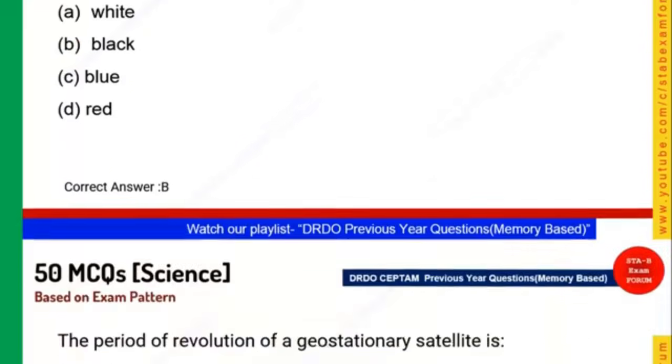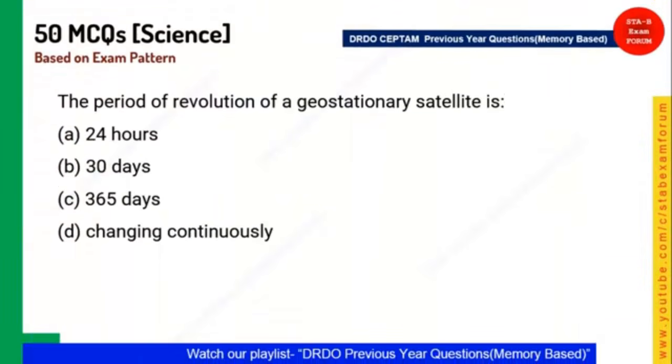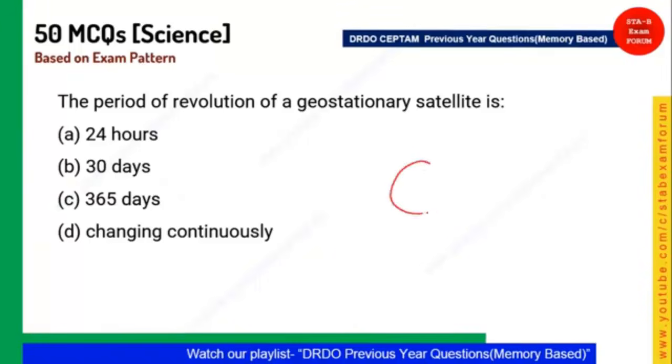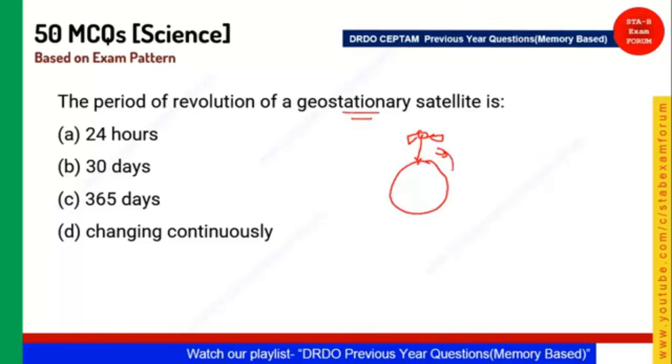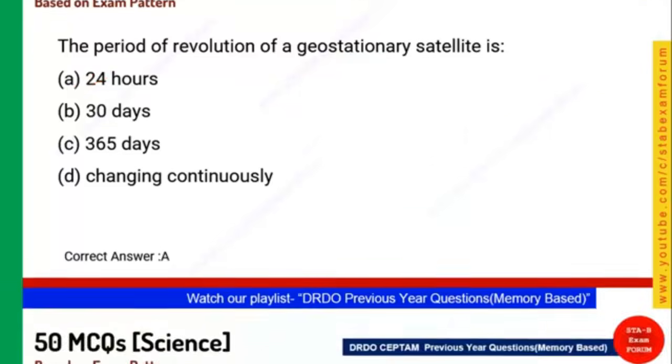Let's see the next question. The period of revolution of a geostationary satellite. What does geostationary satellite mean? This is your Earth, and this is your satellite. Stationary means it will remain at one place. It looks like it is stationary, but it moves along with the Earth. The period of revolution of the Earth is 24 hours, so 24 hours is the correct answer.